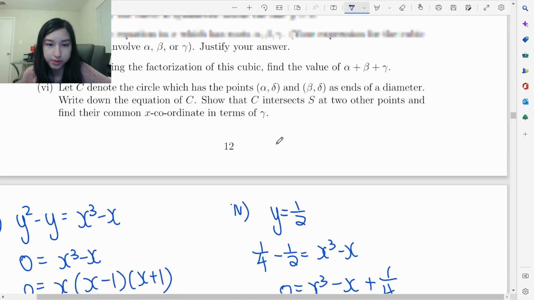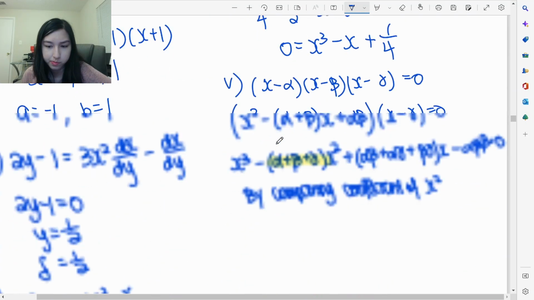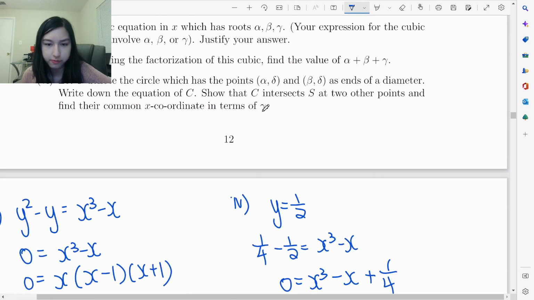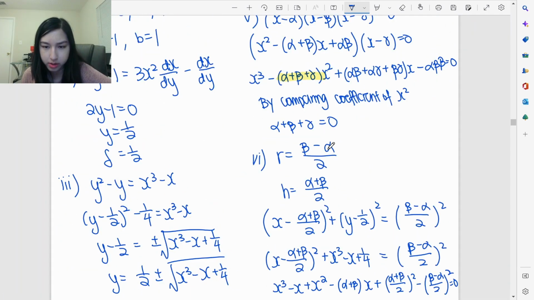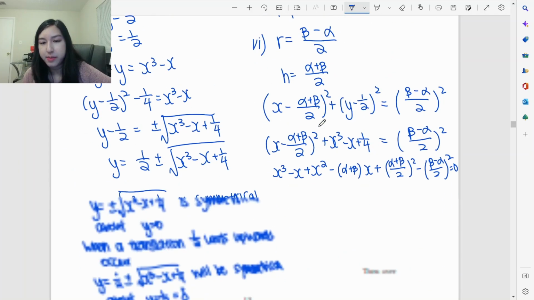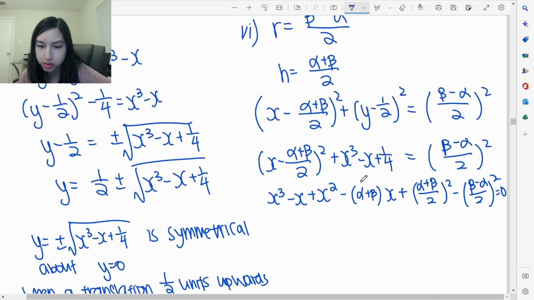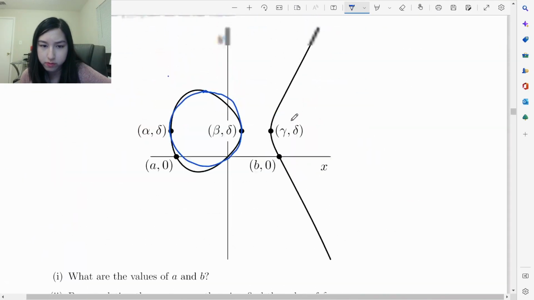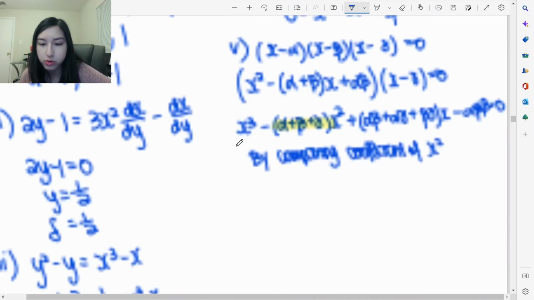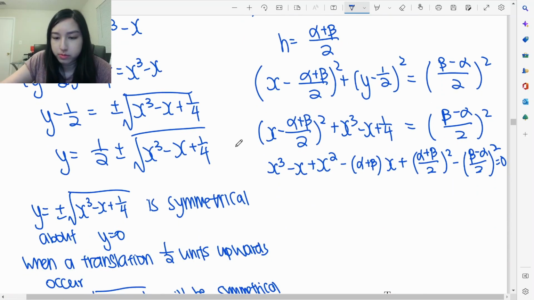How would this help us in terms of gamma? Well, we know alpha plus beta plus gamma is 0. And, well, this is a cubic function. There will be 3 solutions to this. We already know 2 of the solutions, alpha and beta. We don't know the third one, so alpha plus beta plus some unknown theta would equal, here, this is our x squared coefficient, minus 1.